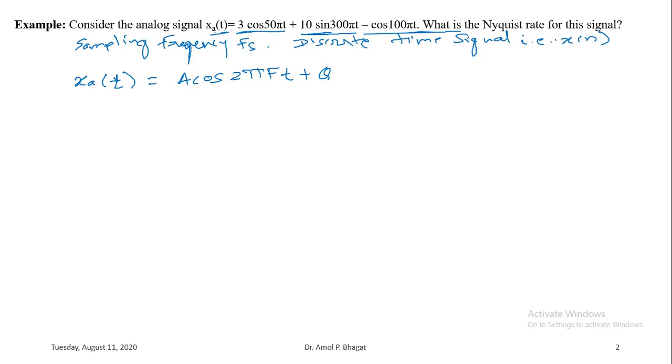So this analog signal xa of t is equal to A cos 2 pi Ft plus theta, and its discrete time version is represented as x of n, which we have identified from xa of t simply by replacing small t with small n, capital T. So this we have rewritten as A cos 2 pi F, where we have replaced the small t with small n, capital T, plus theta.